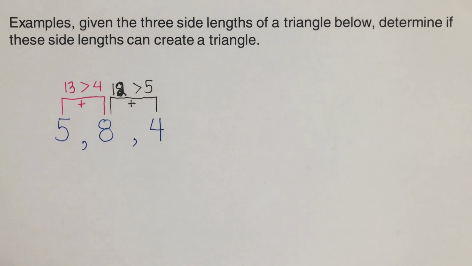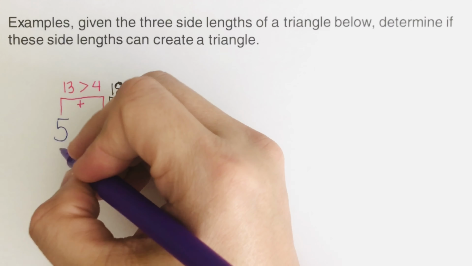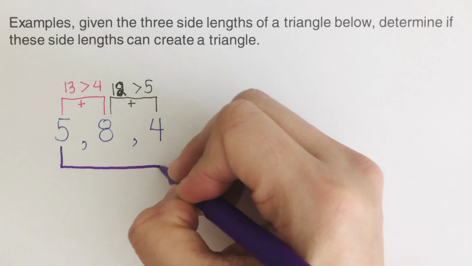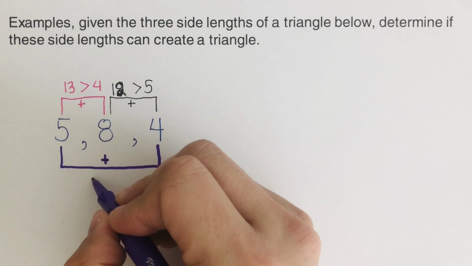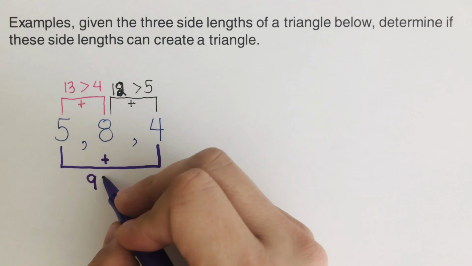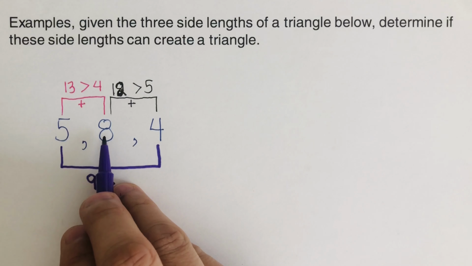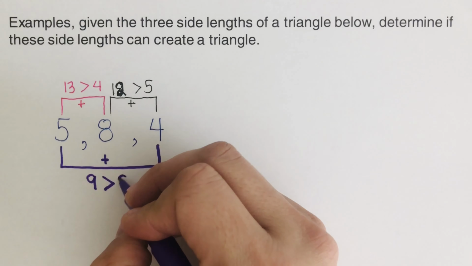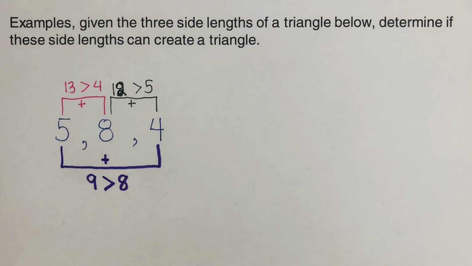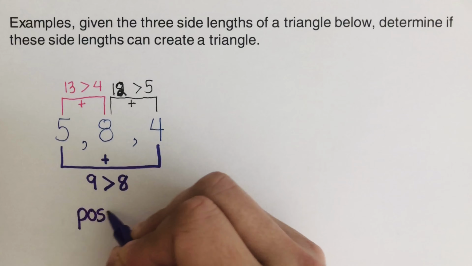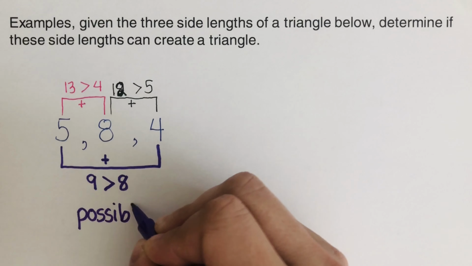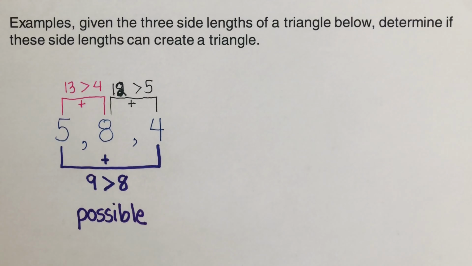Now let's do the bottom one, 5 and 4. We're going to add these two. 5 plus 4 is 9. Is 9 greater than the one that we did not add, which is 8? Yes. So this one is possible. So 4 is not way too short. This can create a triangle.